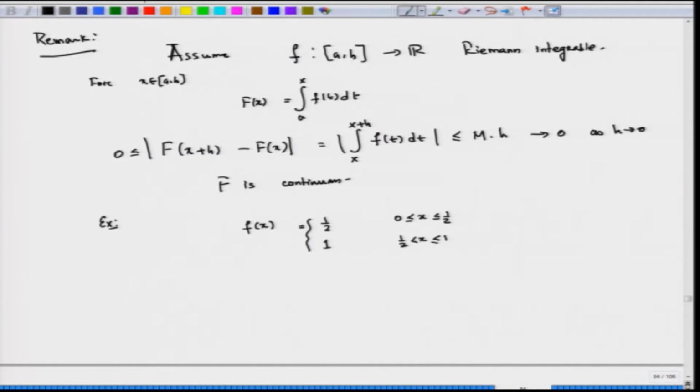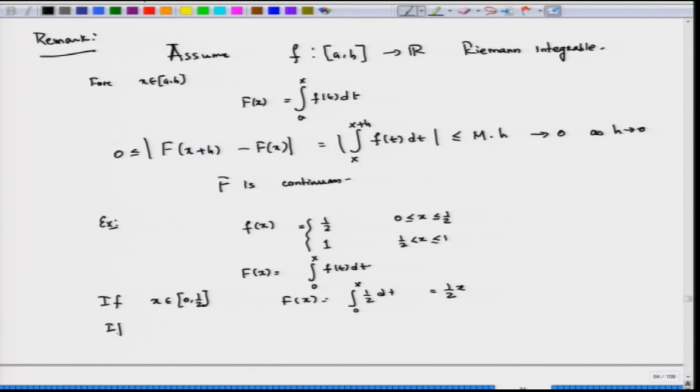So, now what is capital F of x? This is the integral from 0 to x of f of t dt. Now, if x belongs to 0 to 1/2, then capital F of x is equal to the integral from 0 to x of half dt, which is equal to x by 2.